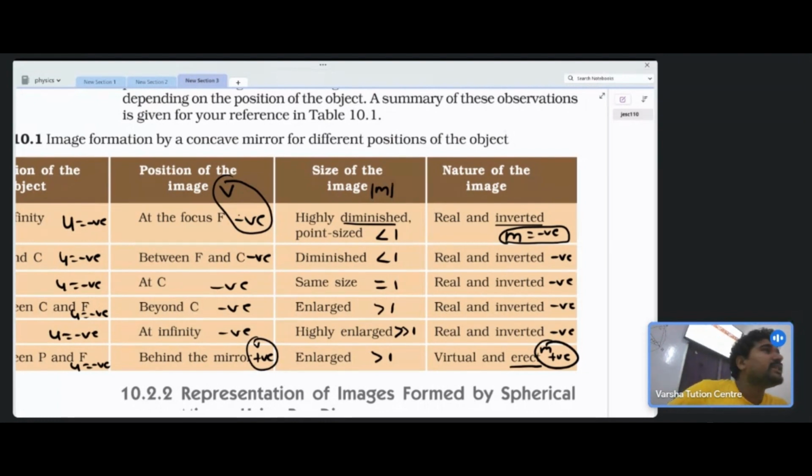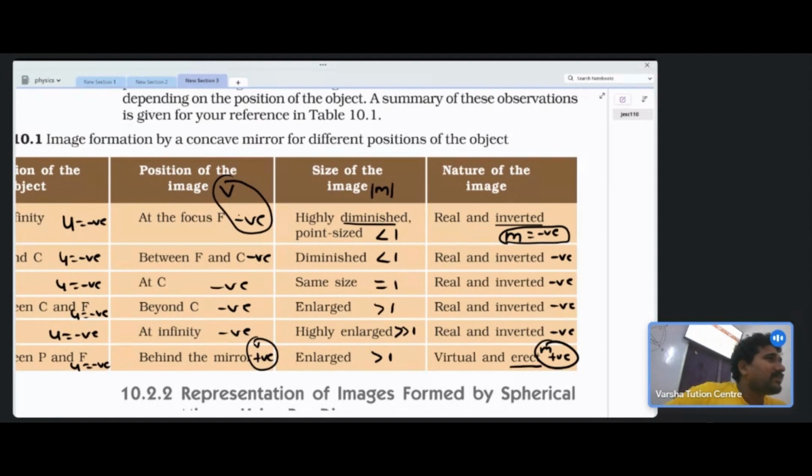If v is negative, inverted. Yes or no? If m is negative, inverted, and at the same time you can tell that it is a real image. That means it will form on the left side of the mirror.